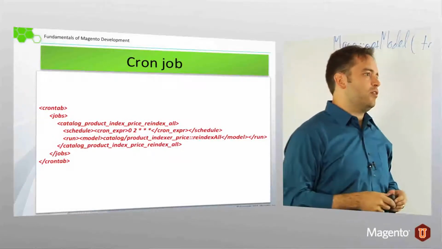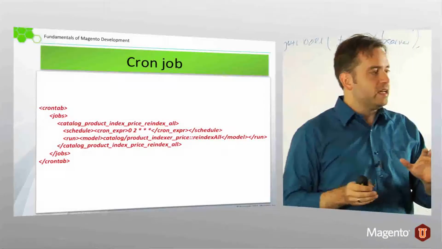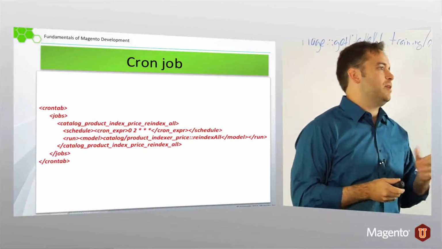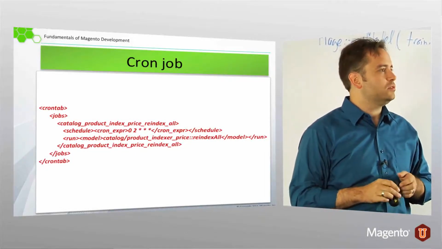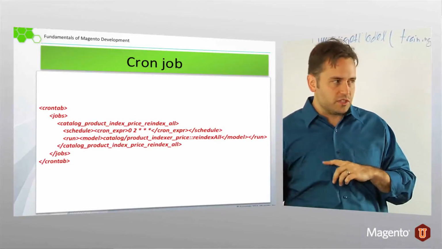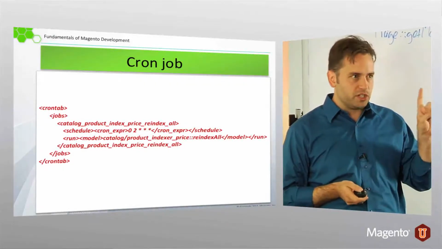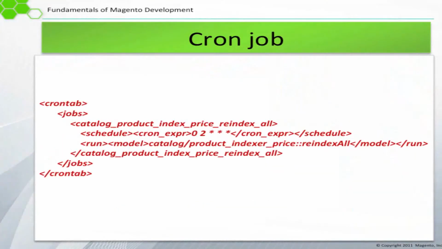And all these jobs and their states and their history end up in a database table, cron schedule, I believe. So it can be a bit of a misnomer to see cron job here and to see cron job out in Magento, because there's really just the one cron script that needs to be hit, and then internally it just uses the settings that you've configured to evaluate this cron expression to determine whether or not it should schedule the job.